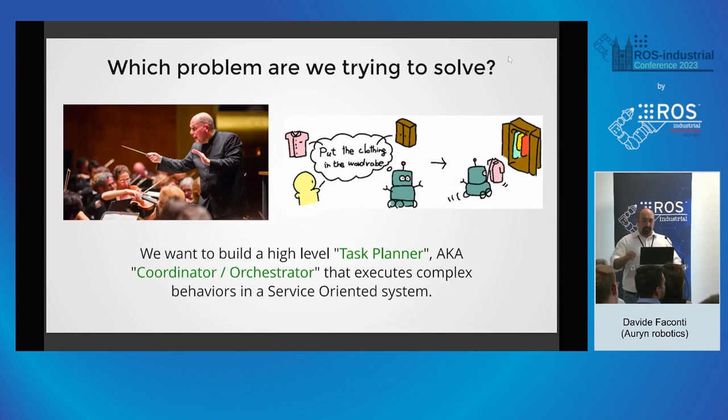Usually when we talk about this, we talk about a task planner, and here we need to be very specific because we are talking about explicit task planning. There is now a new trend about symbolic planning that is very promising. Here we are talking about a more old-fashioned, or mature if you prefer, approach to something that we can program entirely, and that also gives us the confidence that we can understand what's going on.